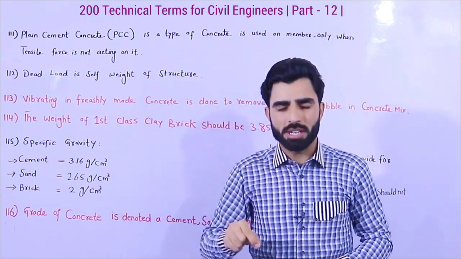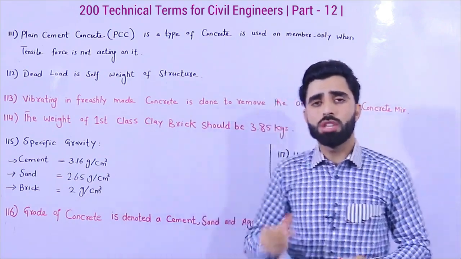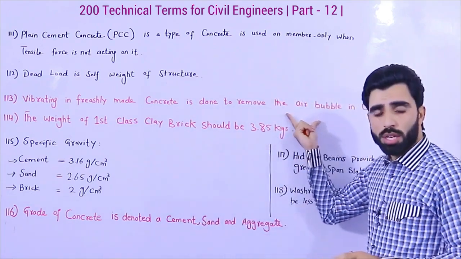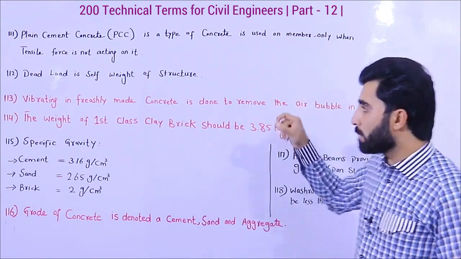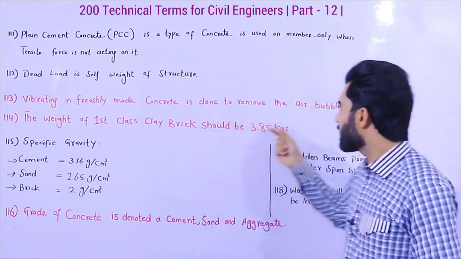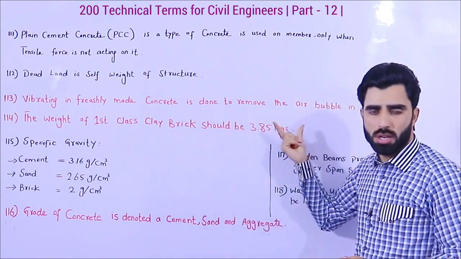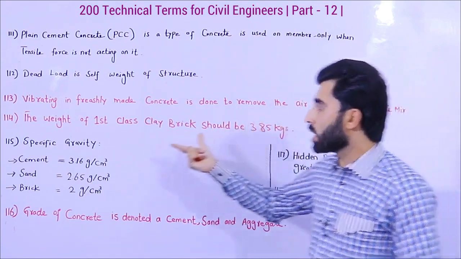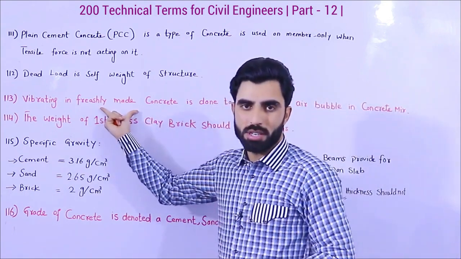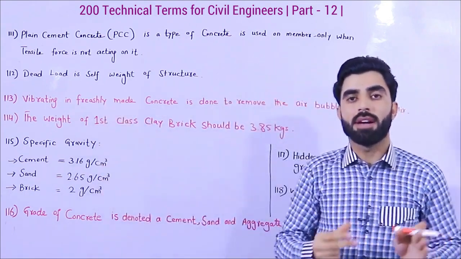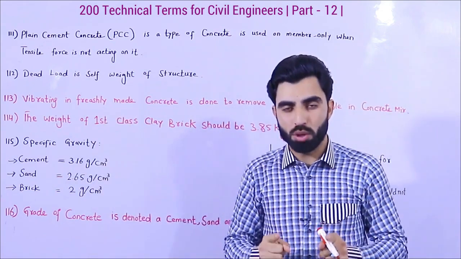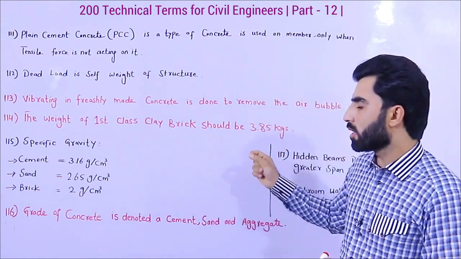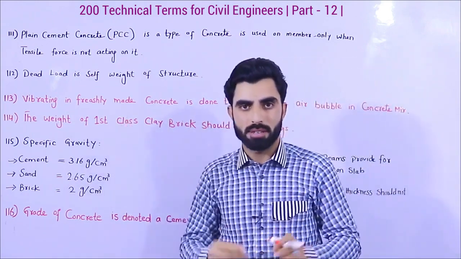When we are pouring concrete for slab, beam, column, air bubbles occur. Those air bubbles can make holes, pores. To remove those air bubbles, we are using vibrating in fresh concrete. So a vibrating machine is very important to use in building construction, especially for concrete. In fresh concrete we should use a vibrating machine.